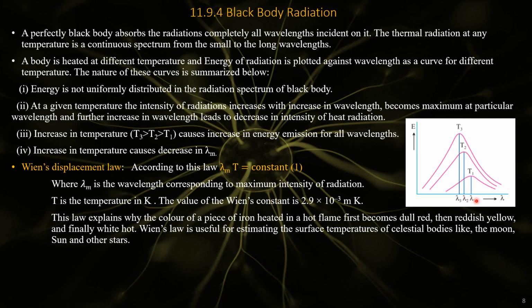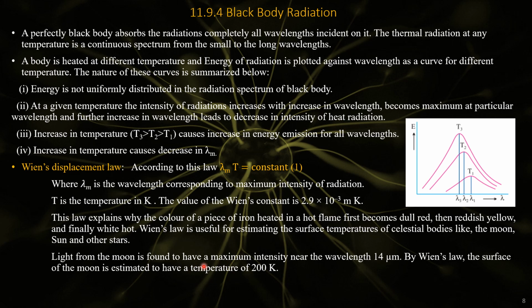Hence, because of variation in lambda 1, lambda 2 and lambda 3, the color changes. Wien's law is also useful in estimating the surface temperatures of celestial bodies like the moon, sun and others. If we can measure the wavelength of the radiations from celestial bodies, we can calculate the temperature T.